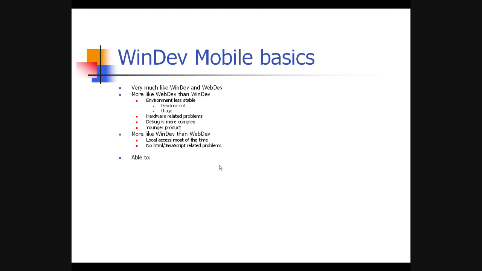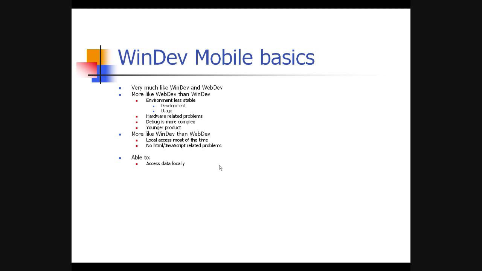Now let's see what a WinDev Mobile system is able to do in general. The first thing, of course, is to access data locally. A WinDev Mobile program can access CE databases. CE databases are basically native databases to the Windows Mobile operating system.